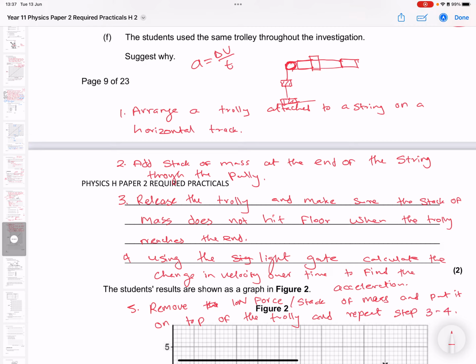So once they've done that, the first step was a stack of mass, let's say they had 100 Newton put together. Now they're going to remove one of these masses and put it on top of this trolley. So now it's going to be 90 Newton. They're going to do it again and repeat it.